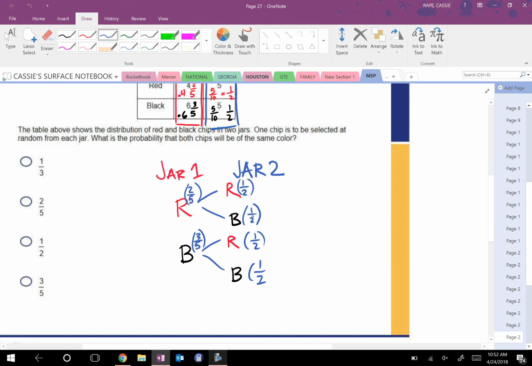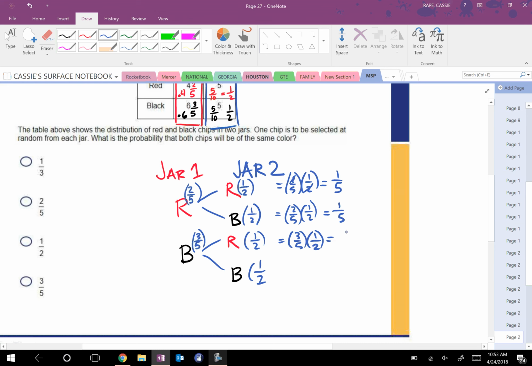Now you just multiply probabilities. The probability here is 2/5 times 1/2, which makes 1/5. The probability of red times black is 2/5 times 1/2, which is also 1/5. The probability of black times red is 3/5 times 1/2, which is equal to 3/10.